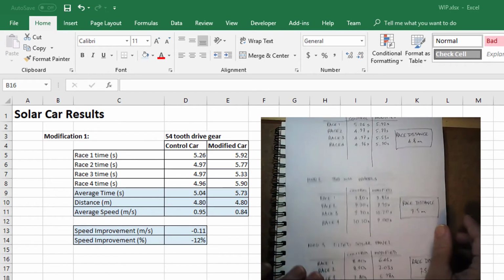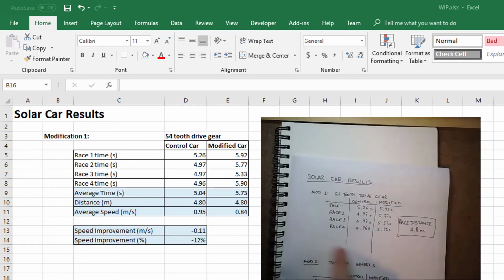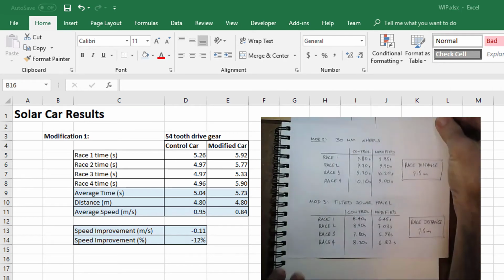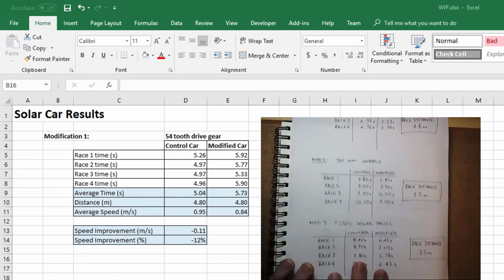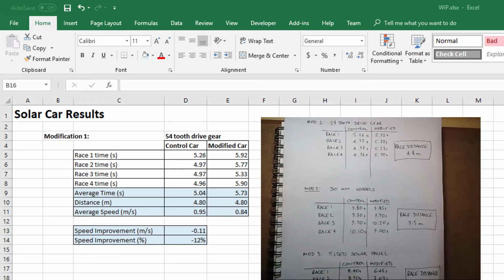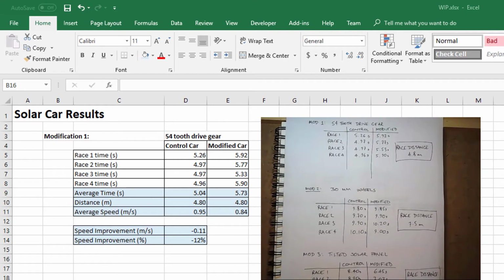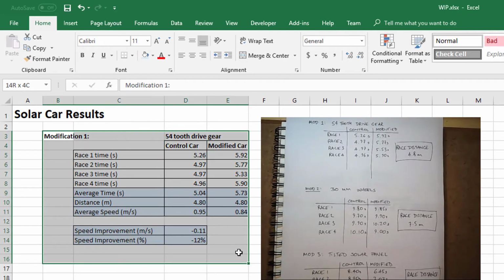All right, so now I'm done for my first modification, but I've got two more modifications to enter. Modification 2, modification 3. The good news is I don't have to type it all out again. I can just do some cutting and pasting. So let's have a look at that. I come over here and I'm going to select, with my mouse, that whole table there, and I'm going to use my shortcut keys, Control C to copy.